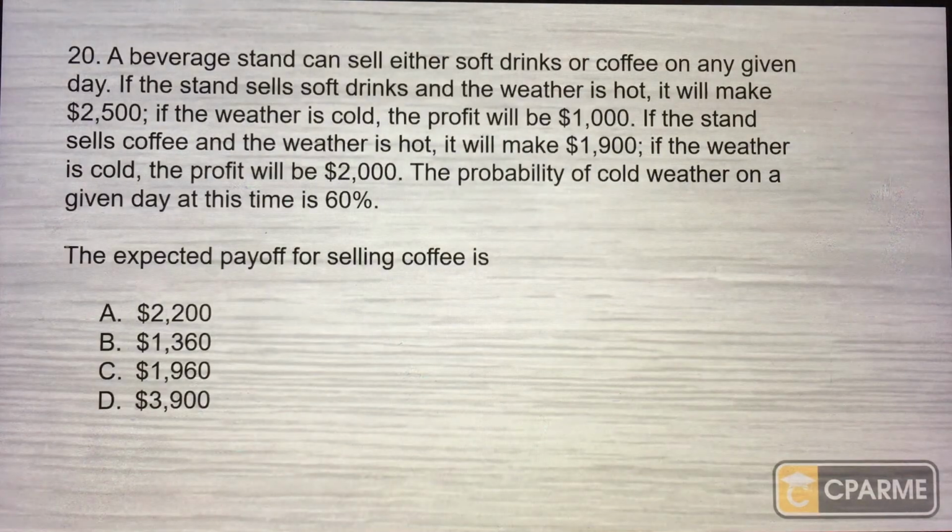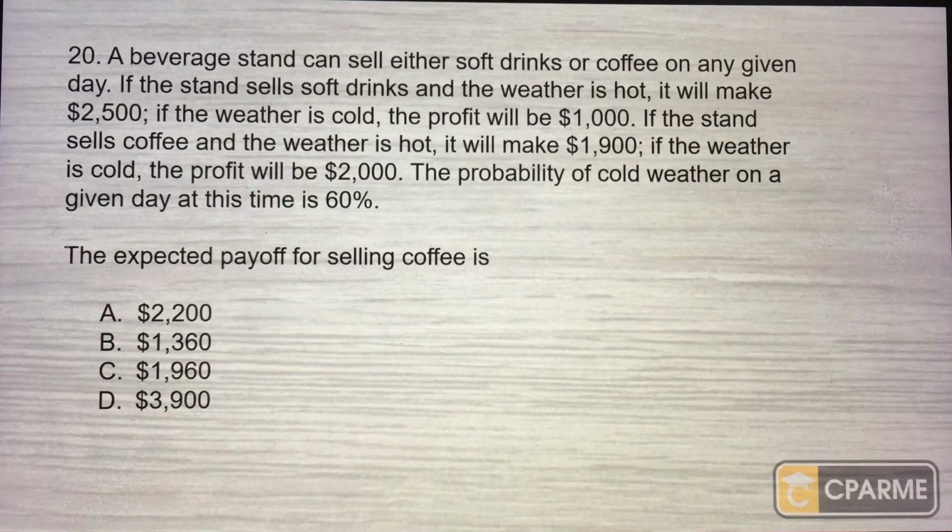Next, expected payoff for selling coffee. So it's the same thing that we did in the previous problem. A beverage stand can sell either soft drinks or coffee on any given day. If the stand sells soft drinks and the weather is hot, it will make 2,500.